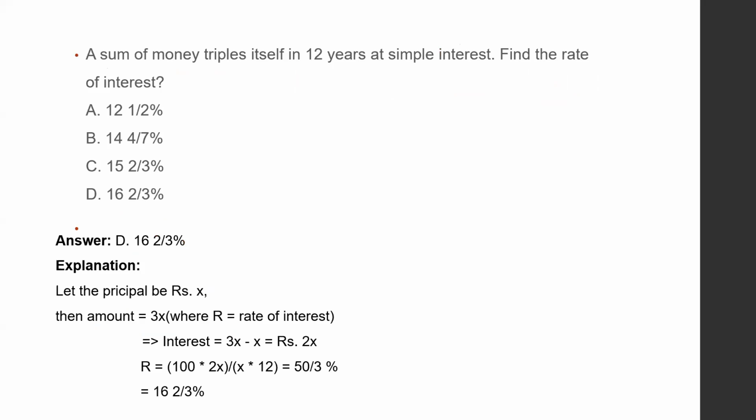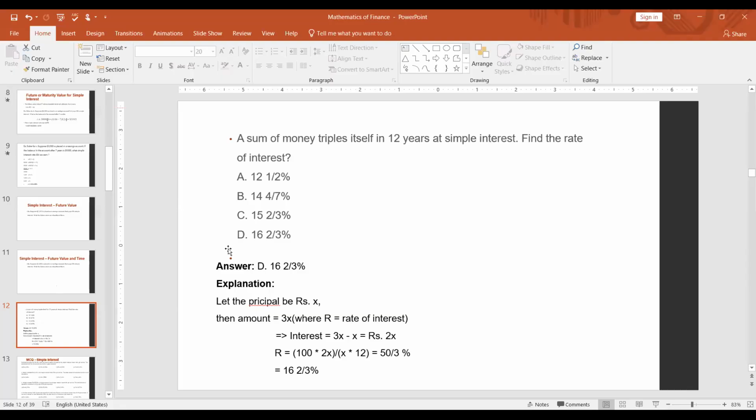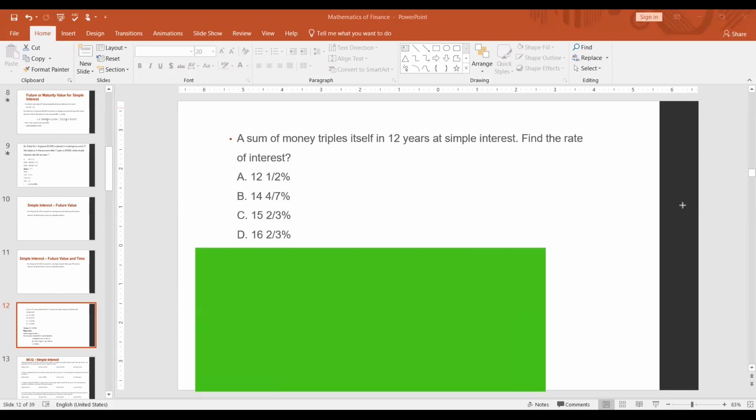Try to do this one. Find the interest rate. So this is the interest rate. I have displayed the answer for you, but I'm going to hide it for a while. So just try to do it by yourself.